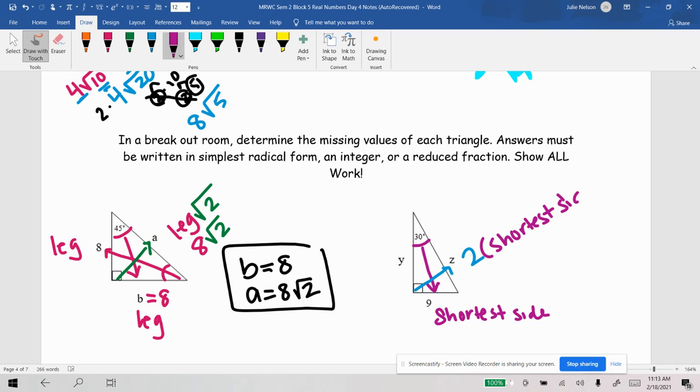Well, if the shortest side is 9, then 2 times 9 must be 18. So the hypotenuse is 18.